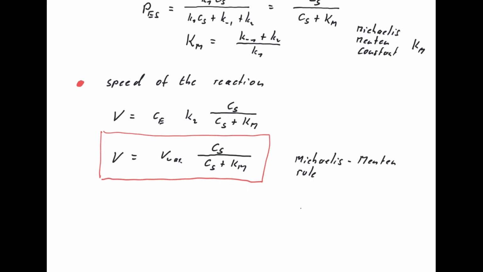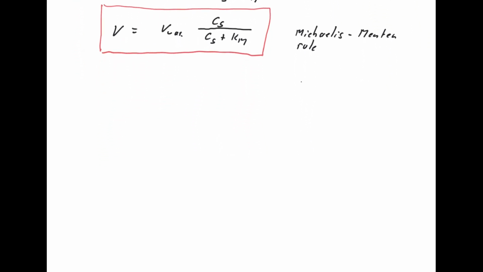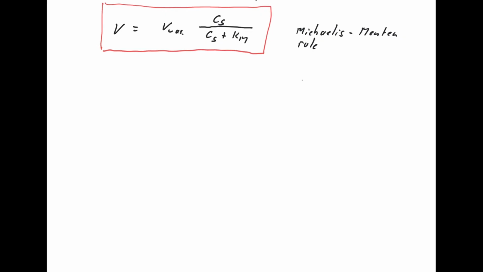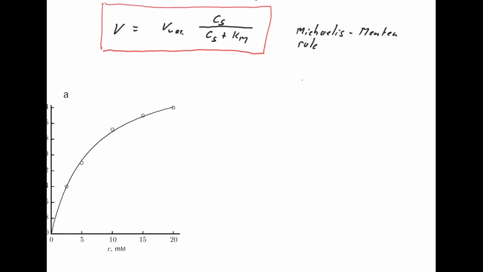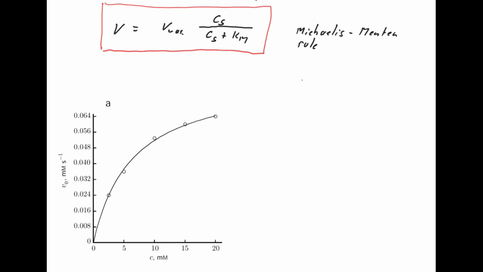That's the so-called Michaelis-Menten rule. And we have seen earlier that the Michaelis-Menten rule nicely describes data taken on the kinesin motor.